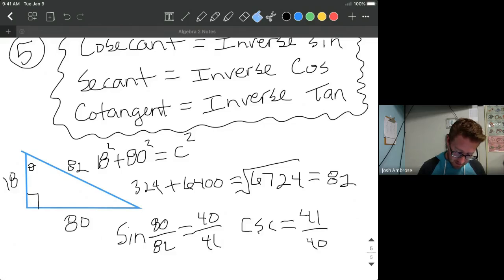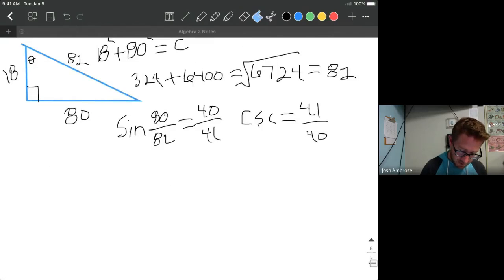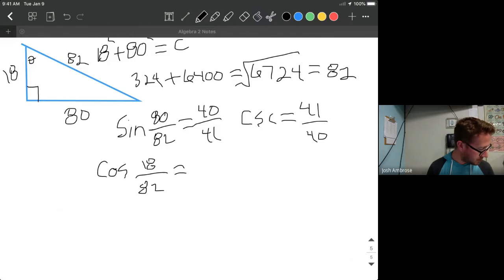Okay, and let's scroll, give ourselves a little bit more space here. Okay, let's get the cosine. And cosine is adjacent, which is 18, over hypotenuse, which is 82. All right, 18 over 82, reduce that down to 9 over 41. And then if we want the secant, you just flip it.